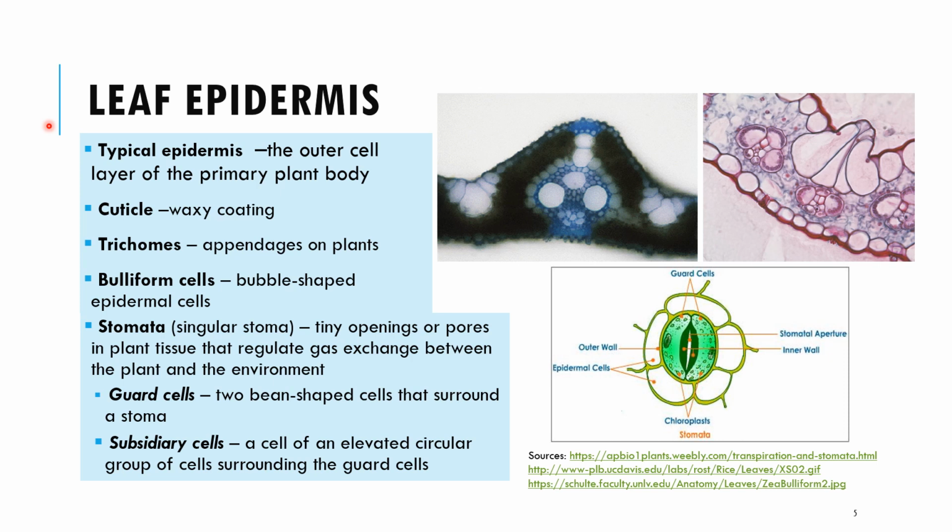Do you know the leaf epidermis is any cell which protects the outside of the leaf? These cells are often short and flattened, and the epidermis is the outermost layer of the primary plant body, coated by wax over the surfaces, which is called the cuticle.